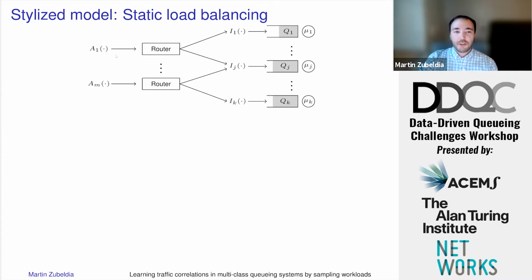For each type of work, we have a router that needs to decide which fraction to send to different servers. In principle, there could be compatibility constraints between the type of work and the server that could service them. But for the purpose of this talk, we're going to assume that everyone is compatible with everyone, and that's not an issue.